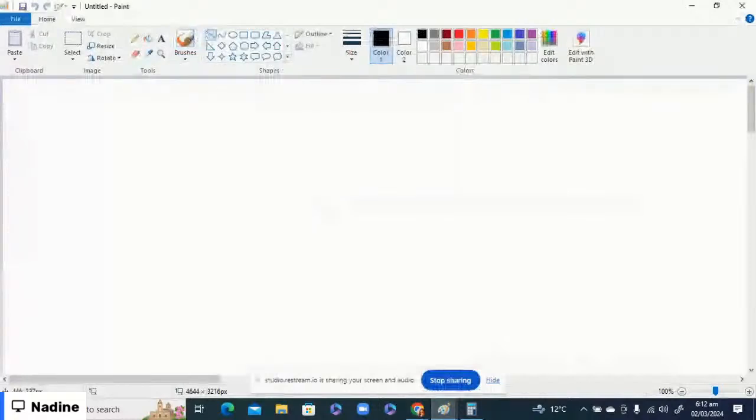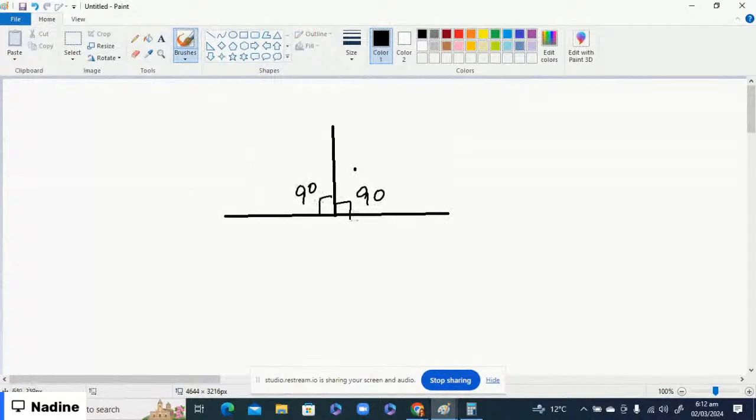This is the first, and here is the second line. This line is perpendicular. Why? Because it makes an angle of 90 degrees with it. So we can say that this line is perpendicular. It doesn't matter where it lies on the middle line. It may be like here, it may be like here, any point. So we can say that this is your perpendicular line.